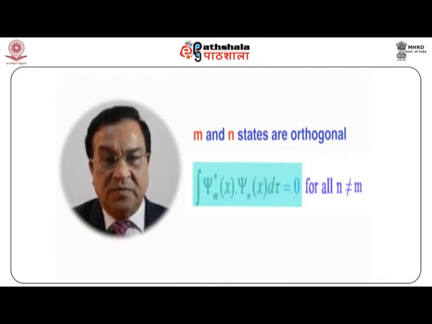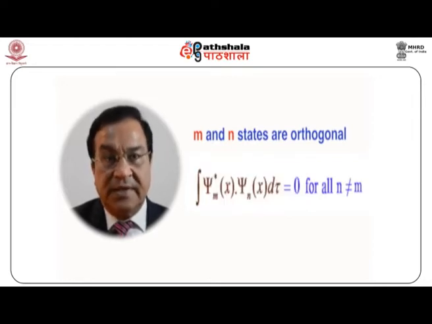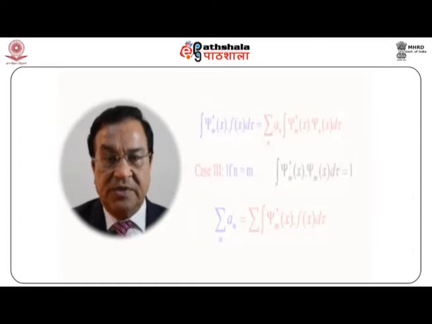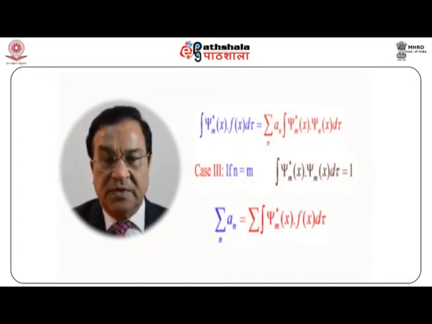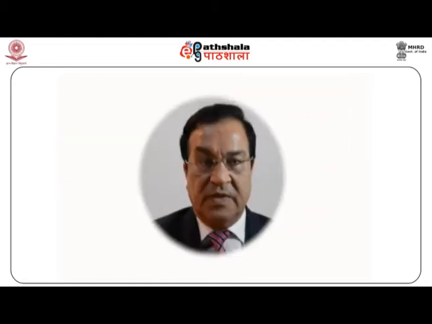And then we can say from our earlier equation that the summation of a_n reduces to the integral ψm* f dτ, and that is our equation which gives us the values of the various coefficients.